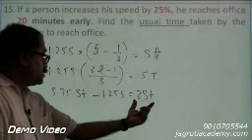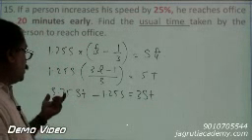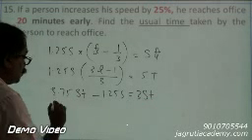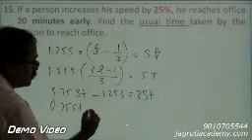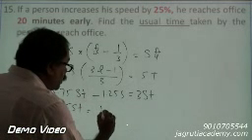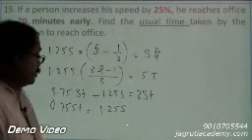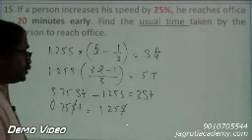Now I can bring this 3 st to the left hand side of the equation. So 3.75 st minus 3 st is 0.75 st, which is equal to, taking this the other side, 1.25 s. Now I will cancel s, so I am left with t.